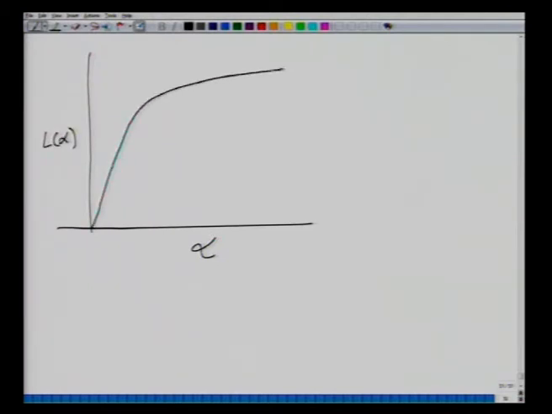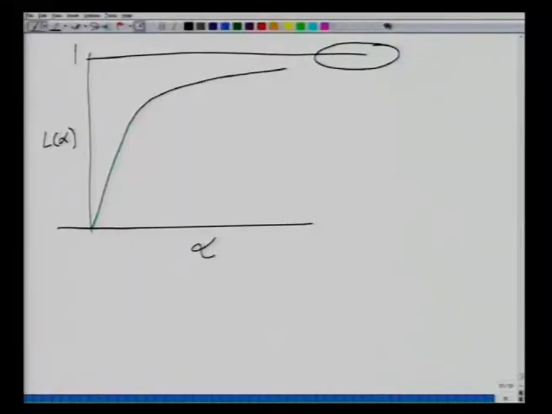So, when you plot this L alpha against alpha, it looks something like that, approaching a value of 1 at very high values of alpha, or at very high values of field, or at very low temperatures when the thermal fluctuations are lower.